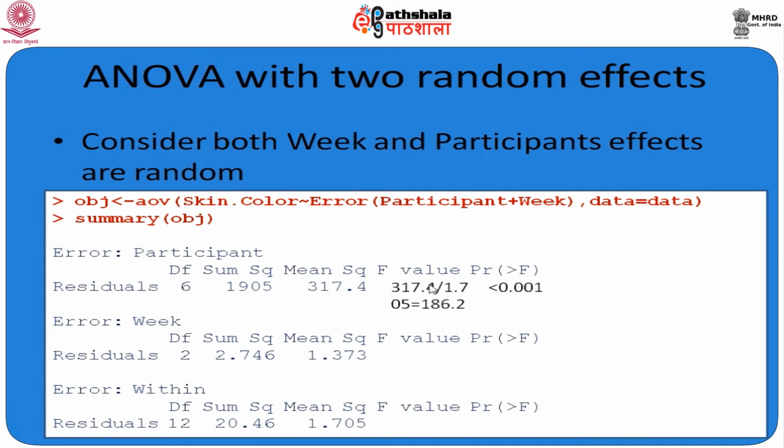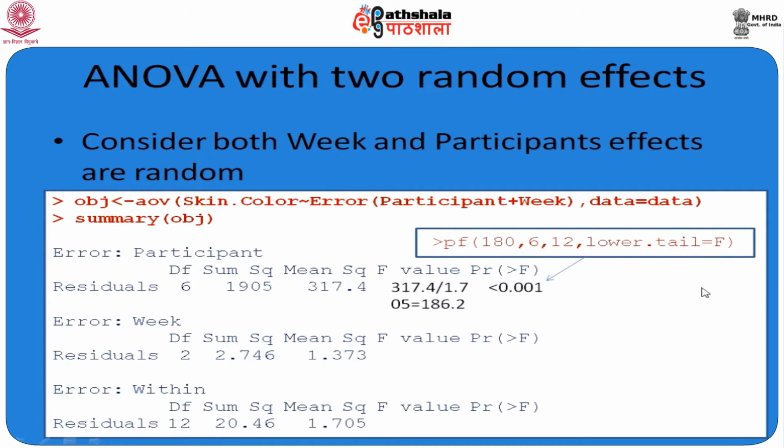And from the F value you can calculate the p value. So, the p value can be calculated as pf of the F value, and 6, 12 are the degrees of freedom, and lower.tail equals FALSE, then it will give you the p value. Sorry, it will be 186, mistakenly I put 80.